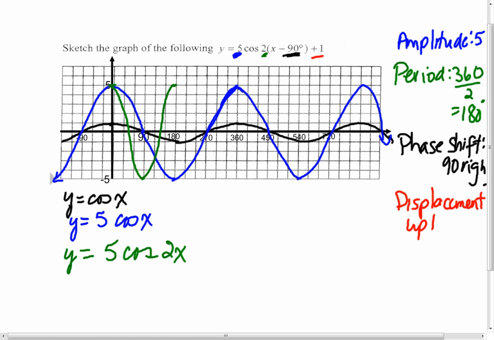And I would continue that pattern. The next high will be here, and in the middle of that will be my lowest. Just got to be able to count, apparently. All right, here we go down to a low, back up. And that is a horizontal compression, a half. Our period is 180.